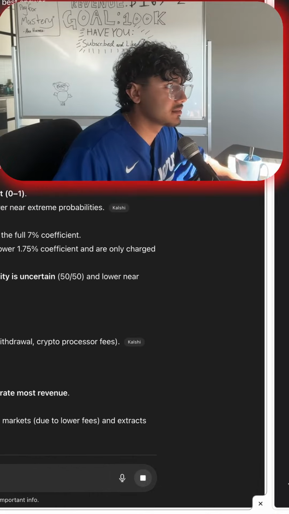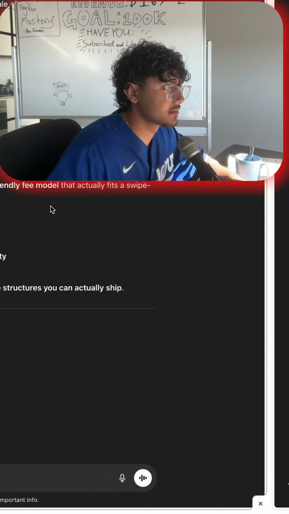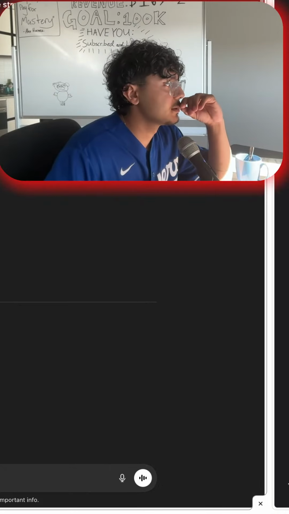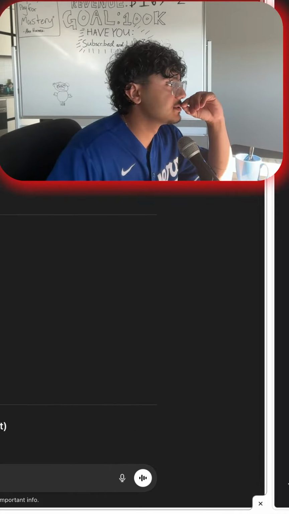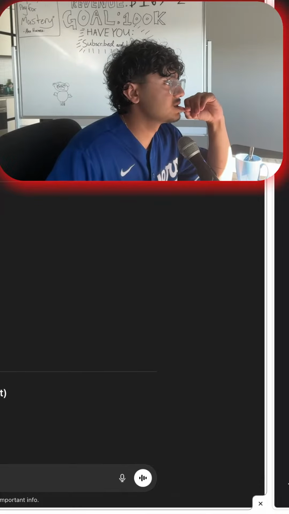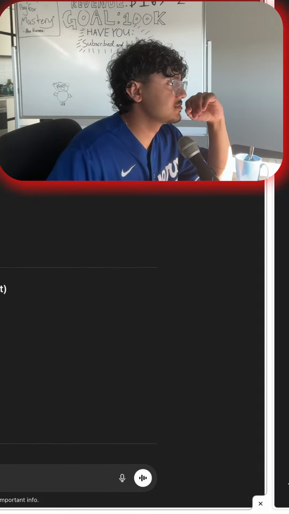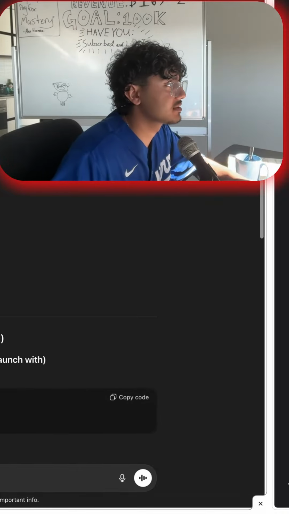All right, let me actually look at the first one first, because I didn't even give it a chance. All right, how big platforms do it? Kalshi typically uses 2 layers: trading fees, a small percentage, 0.7 to 1%. Example, settlement contract fees, flat fees per contract or per market.